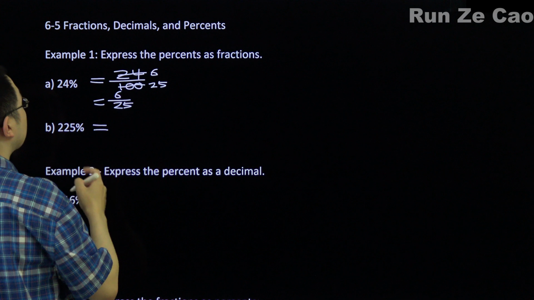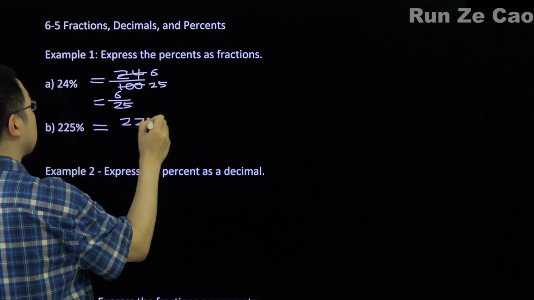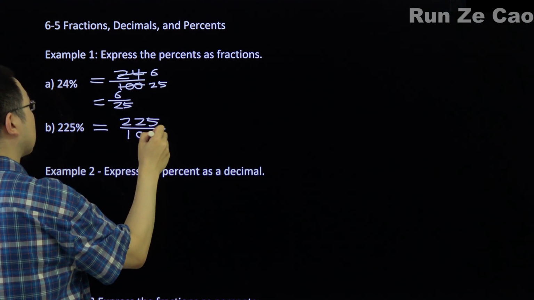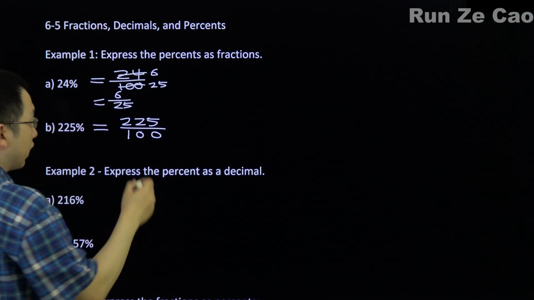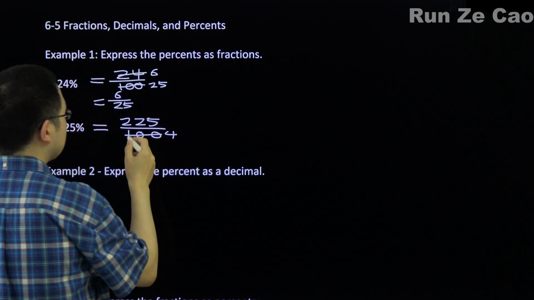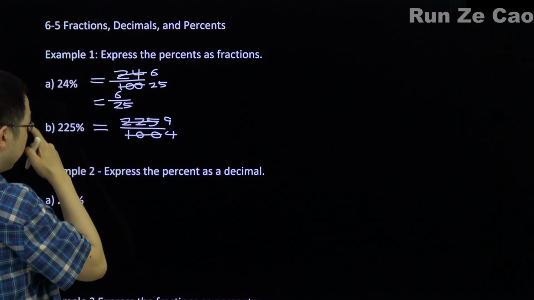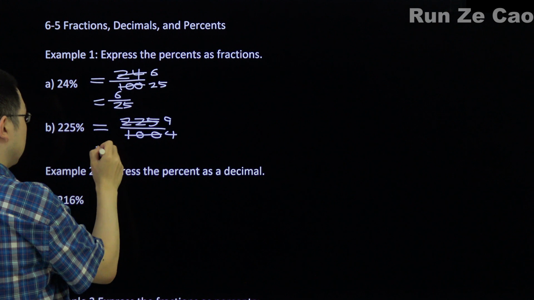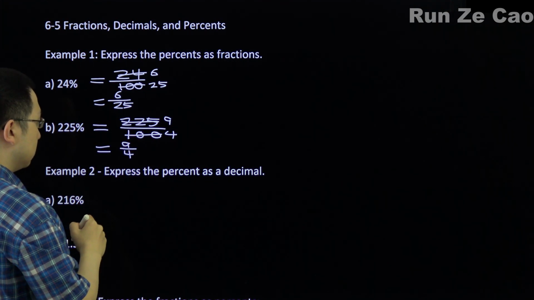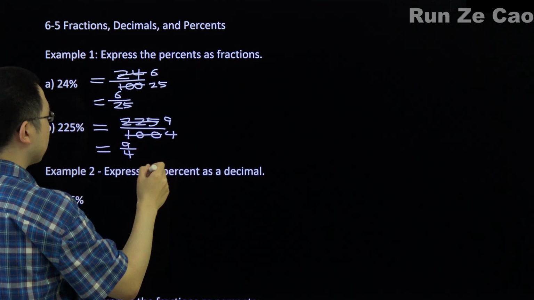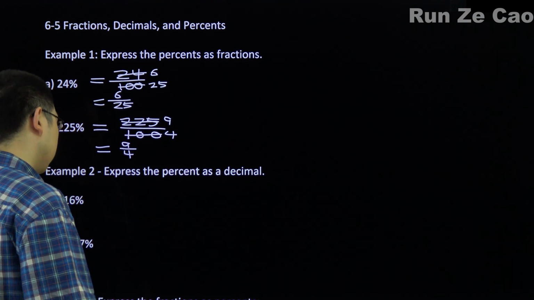225% is, hopefully this section is a review, guys, because we did this in previous grades. So 100 is 4 times 25, so 4. And 225 is 9 times 25. So it's equal to 9 over 4. Or, you could also say it's equal to 2 1/4.